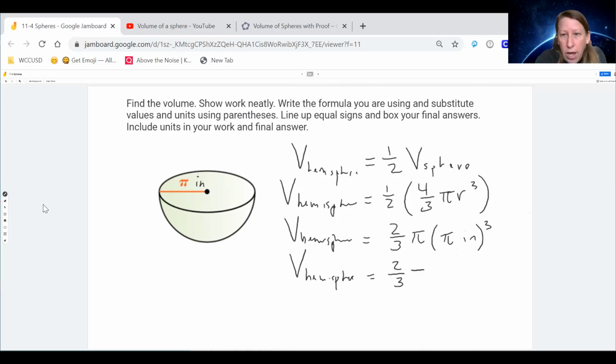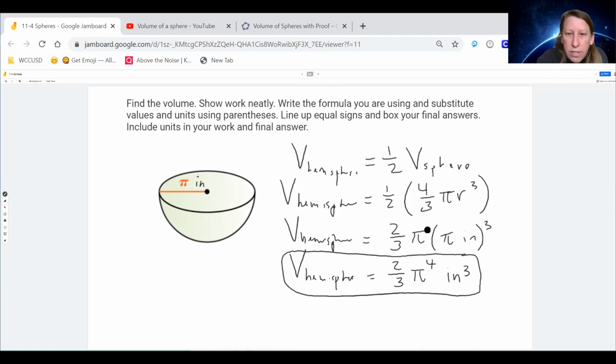2/3 pi. This is going to be pi cubed times pi, which is pi to the 4th inches cubed. That's a weird answer, but that's what it is. If I wanted to find what that is, I would do pi times pi times pi times pi. Let's see if I have a pi button.